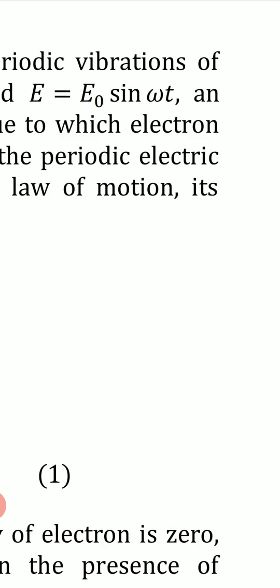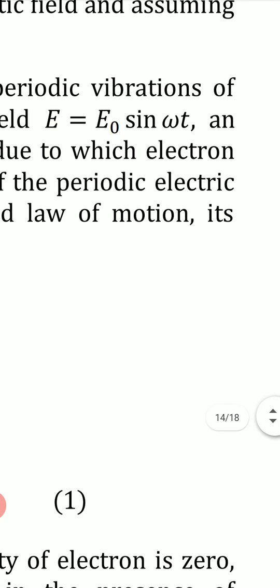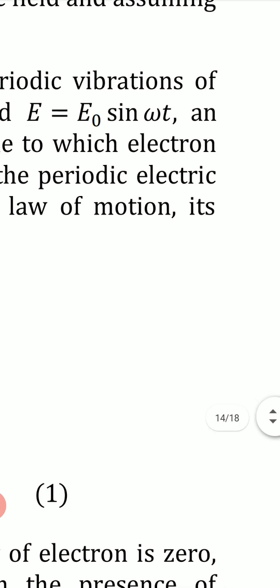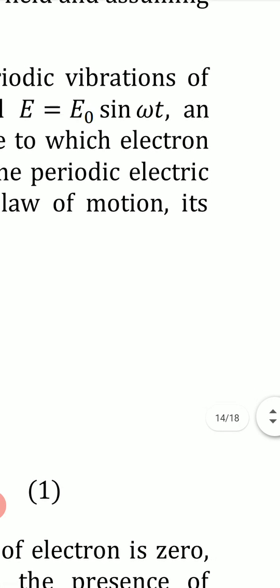In electromagnetic wave, electric field E and magnetic field B oscillate in periodic manner as E equal to E0 sin omega t.